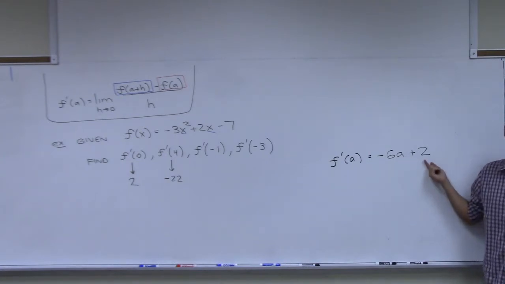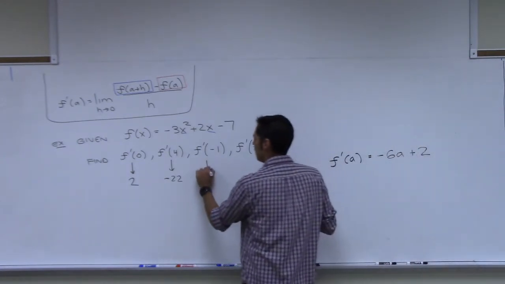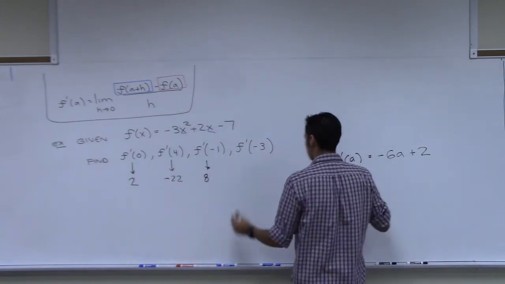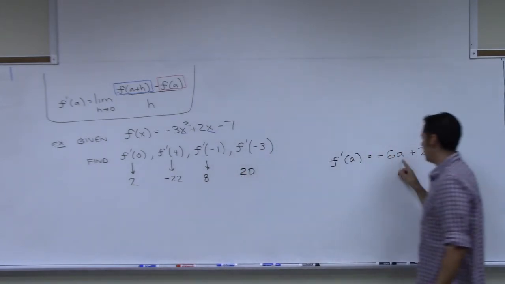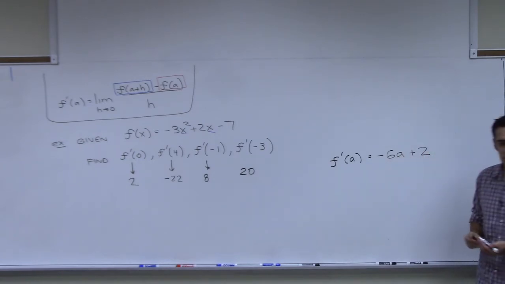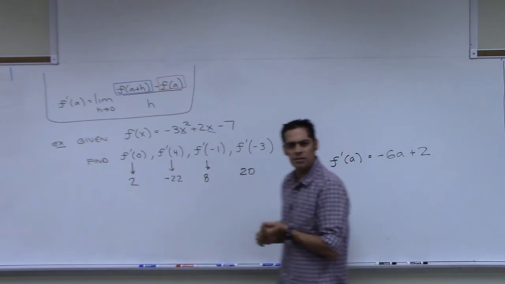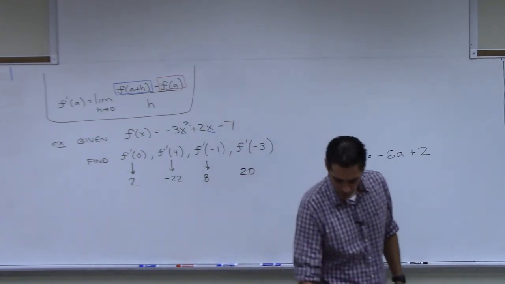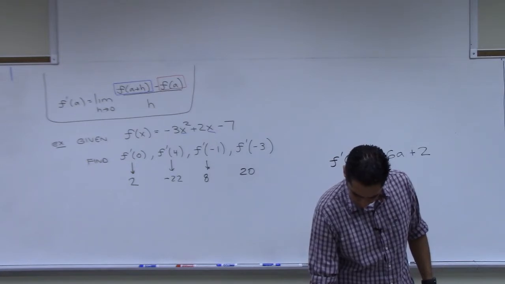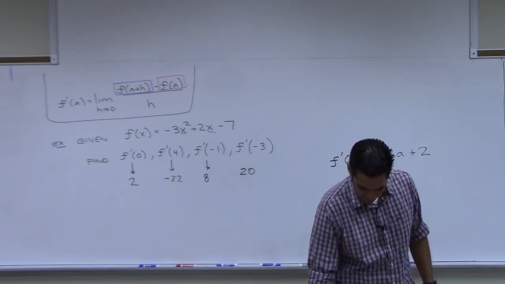Positive 6 and then plus 2, so you get 8. And then here, 20, right? So you go negative 3 here. It's negative and negative is positive. That becomes 18 plus 2 is 20. Any questions on this? You sure? Okay.